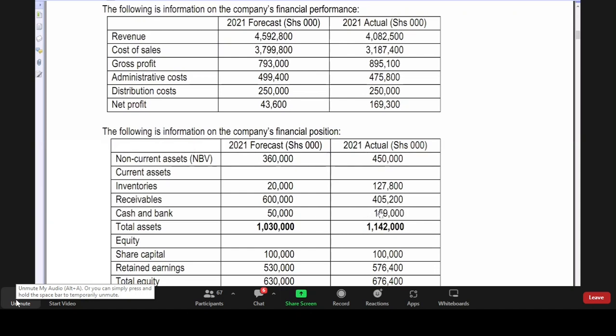Now, when you look at the receivables dropping and the cash increasing, that means that probably there's collection. But when you see inventory is increasing, that means that there's probably slow moving inventory. Because ideally forecasted at 20, then it becomes 127. That is a big jump of 107 million.